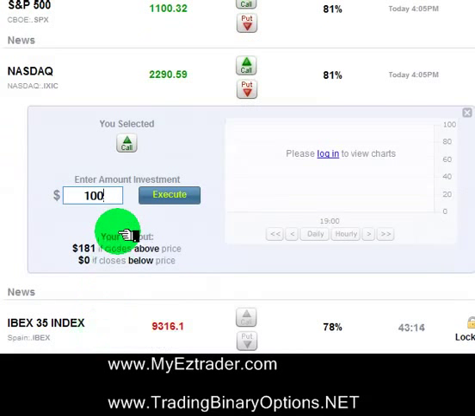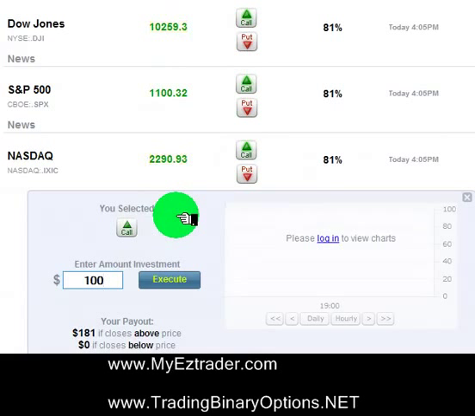If the market goes up 50 points, you can't exit the trade. If it goes down 50 points, you can't exit the trade. So the most you can lose on this particular trade would be $100. The most you could win would be $181, which is your money back plus 81% profit. So that's the most you can win and lose on this particular day.